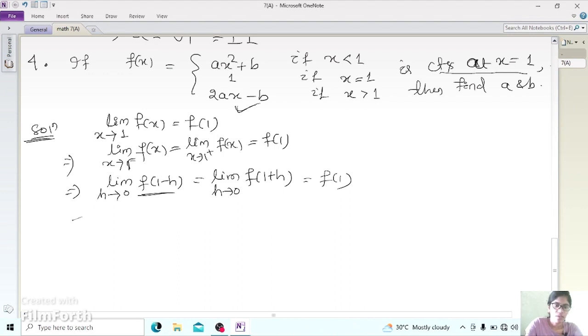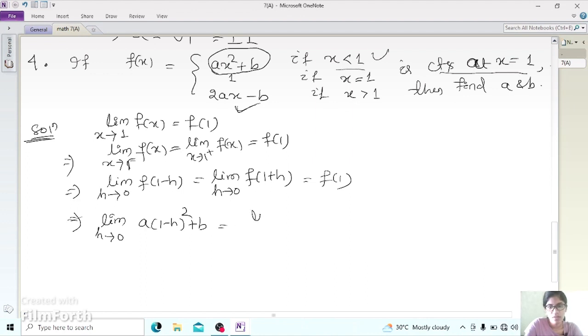Putting the function values: limit h tends to 0 f of 1 minus h, that means a into 1 minus h whole square plus b, because for less than 1 the function value is ax square plus b, which equals limit h tends to 0 of 2a into 1 plus h minus b, in place of x we write 1 plus h, is equal to the function value at x equal to 1.